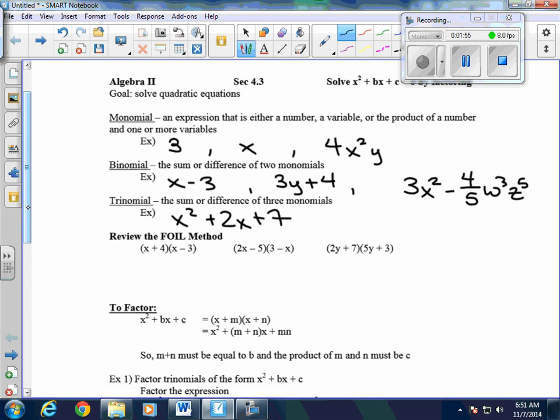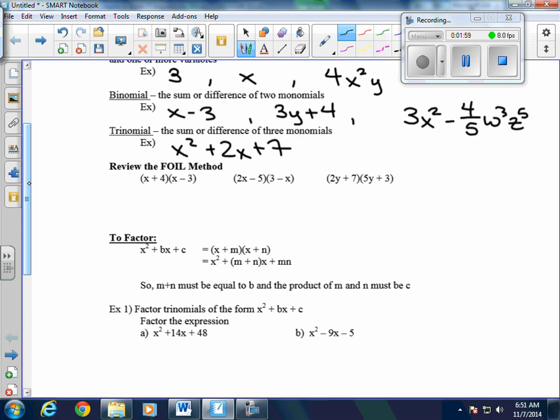So looking at the review of the FOIL method, and this is just multiplying two binomials. You can use the distributive property. We can use the FOIL method. Either way, it's going to be the same thing. So if we do the FOIL method, the first, we're going to do x times x, which is x squared, outsides minus 3x, insides plus 4x, and then the last is negative 12, and then you add your like terms.